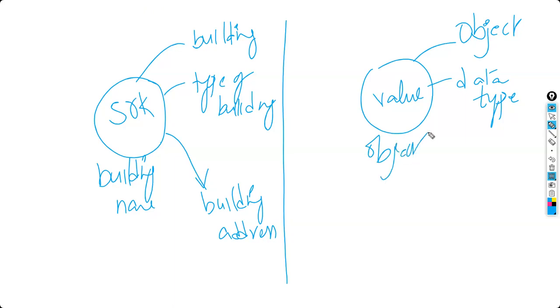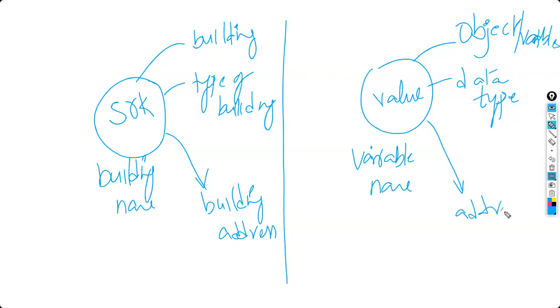In this case, this object is a variable, and this is called the variable name. And for every object, one address also will be available. We are going to see the address of the object.